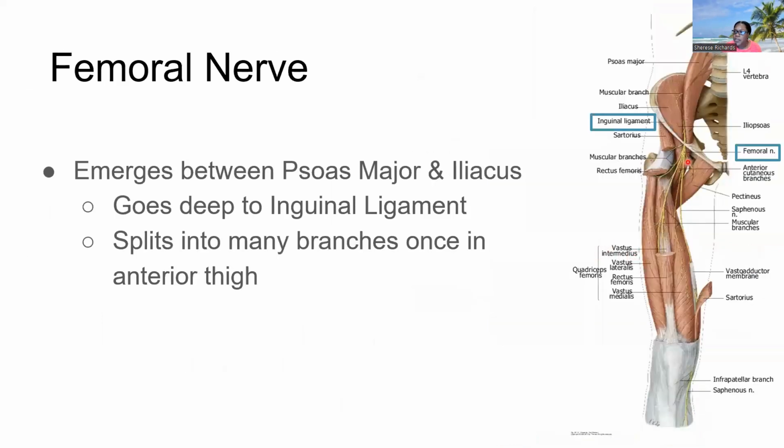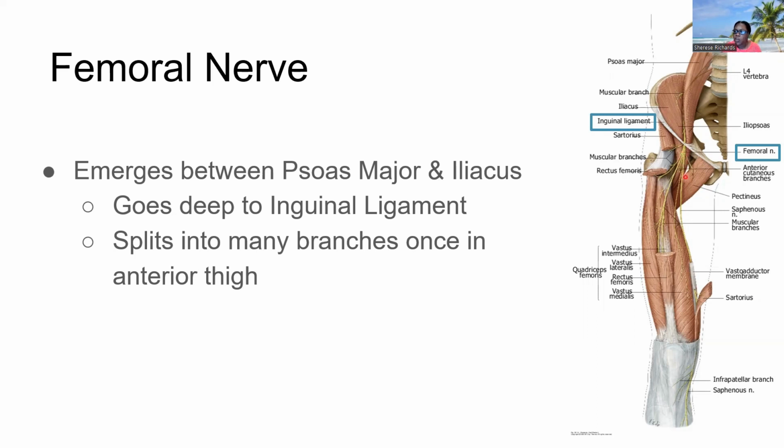Let's talk about the nerves that we encounter in this space as well. So the femoral nerve, this one we talked about in the lower limb because it certainly innervates most of the lower limb muscles, but it's going to be passing in between the two muscles we just described. So the psoas major and the iliacus is where the fibers that arise from the spinal cord and converge to form the femoral nerve are actually passing.